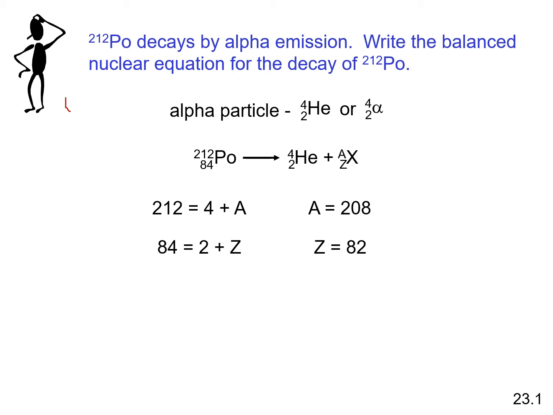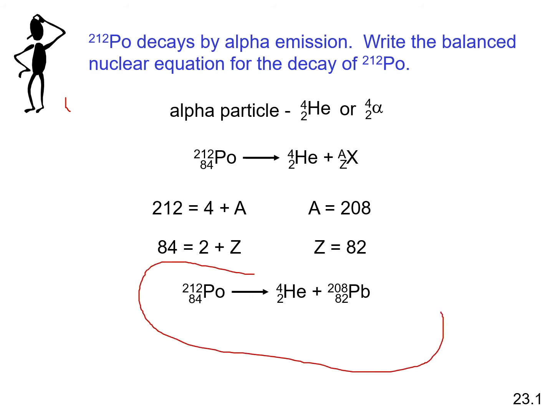Next you find what element that is in the periodic table, and 82 is actually lead. So this is now the complete balanced nuclear equation, when your polonium-212 decays and gives you the alpha particle.